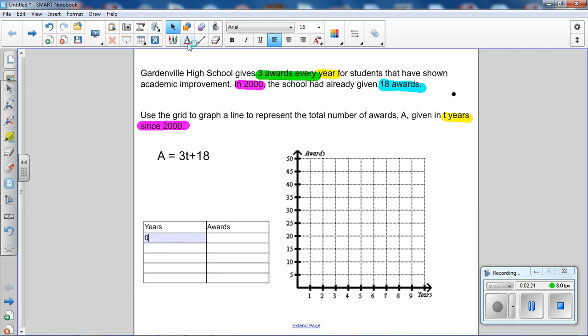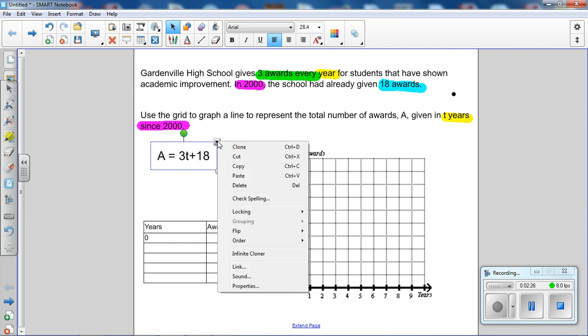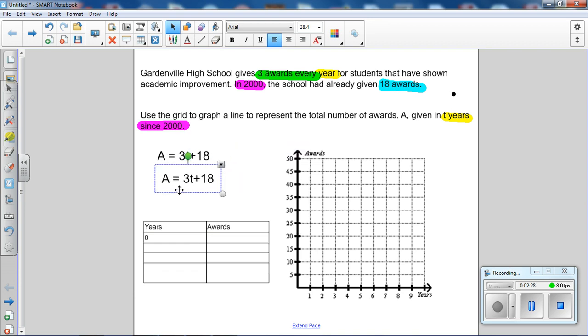So now we can create a table by taking this equation and substituting in my years. Instead of T, I can say year 0. So in year 0, it becomes 3 times 0, which is 0, plus 18, so it'll be 18.